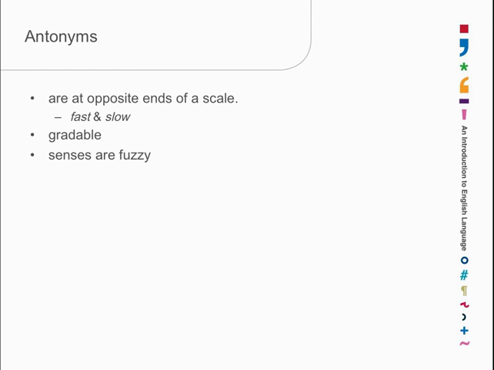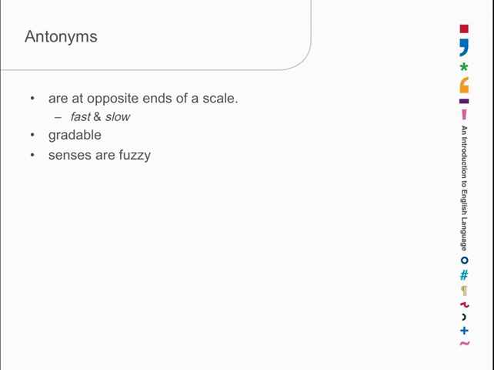How fast do you have to be fast? Well, it depends. If you're walking, then fast is maybe 3 kilometers an hour. If you're running, you're a lot faster. But if you're driving a car, then really 20 kilometers an hour is very slow. So these senses are applicable to a wide range of situations, and their exact boundaries are not clear.